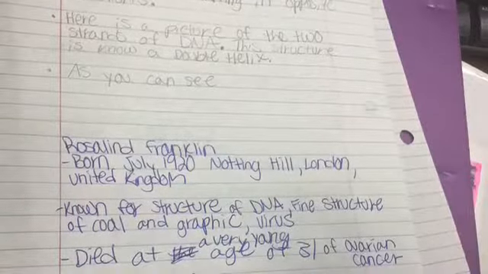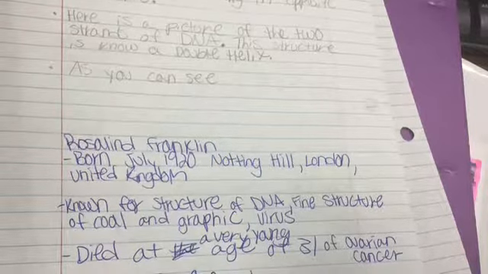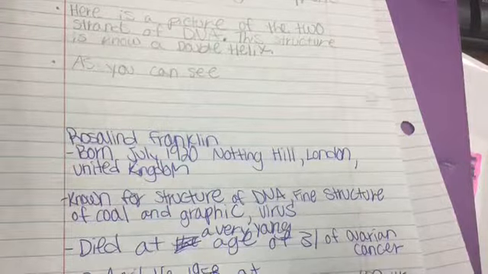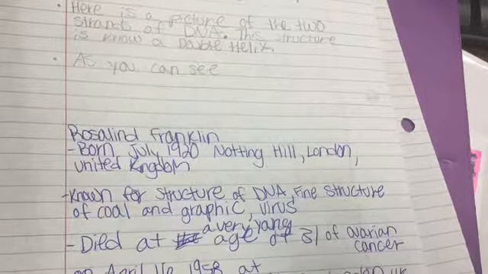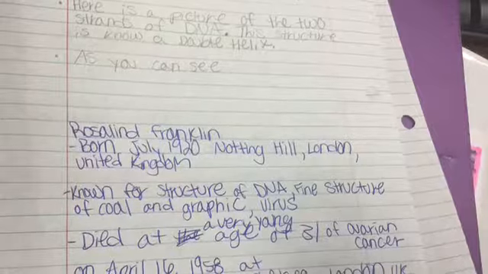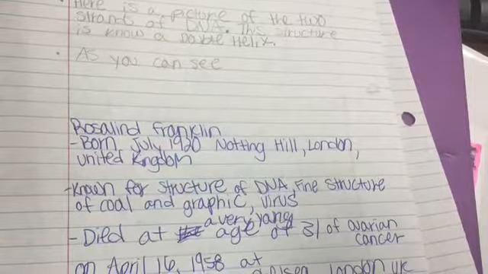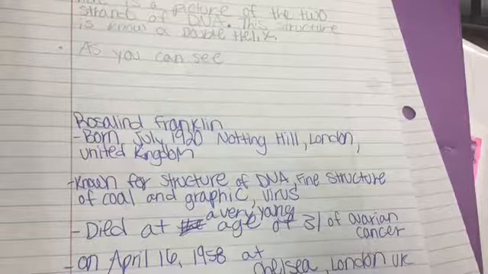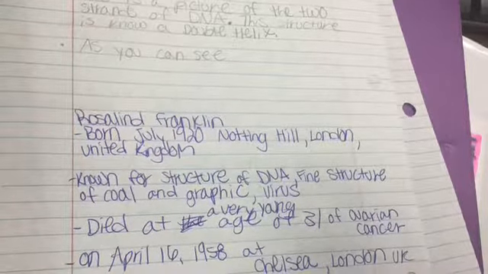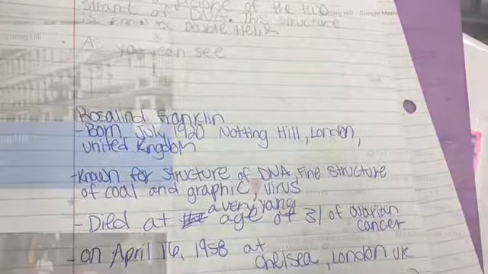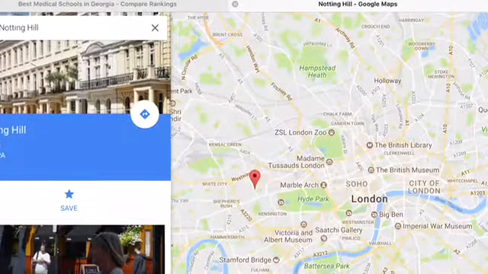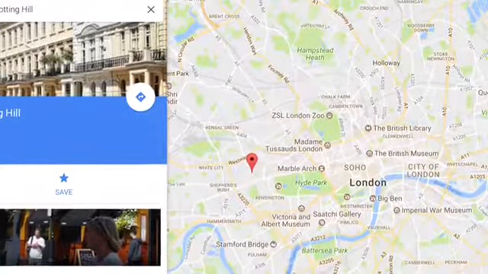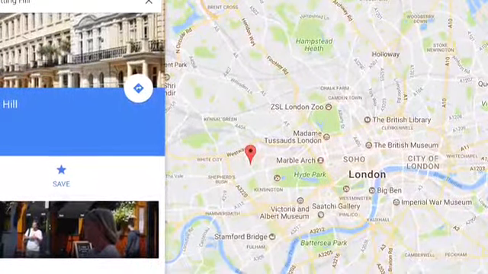And this is just roughly my notes. Sorry for my handwriting, but she was born on July 25th, 1920 in Notting Hill, London. Well, I guess that's where most of the chemists worked. So that's a positive. I would even say that she lived right in the middle of London, so she was around people, even though she never was married and had no children.